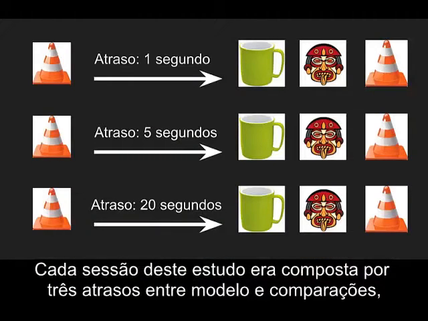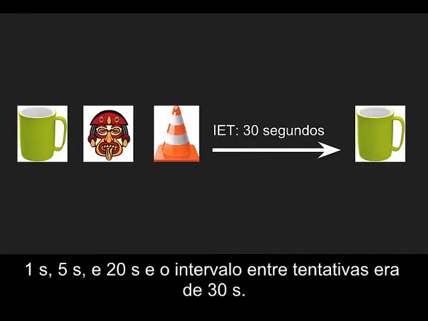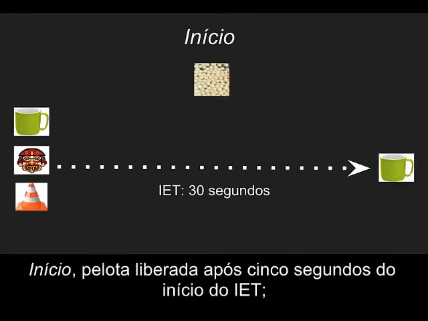Each session of this study was composed of 3 values of delay between sample and comparisons: 1 second, 5 seconds and 20 seconds. And the intertrial interval was 30 seconds. 5 conditions of pellet release during the ITI were evaluated. Early, pellet released after 5 seconds of the beginning of the ITI.